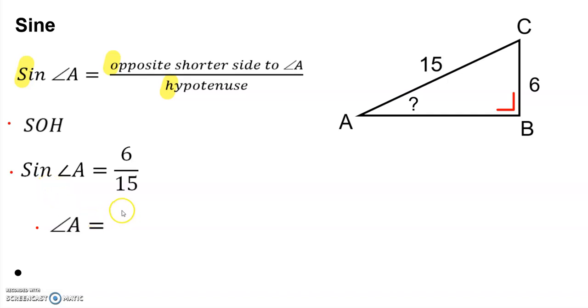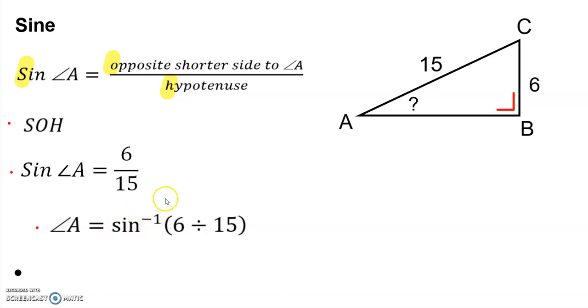Make sure you pay attention how you write this down. So angle A is equal to sine to the power of -1, and then between brackets, 6 divided by 15. This works exactly the same way as we've seen before with the tangent. Only now we have to use sine to the power of -1.